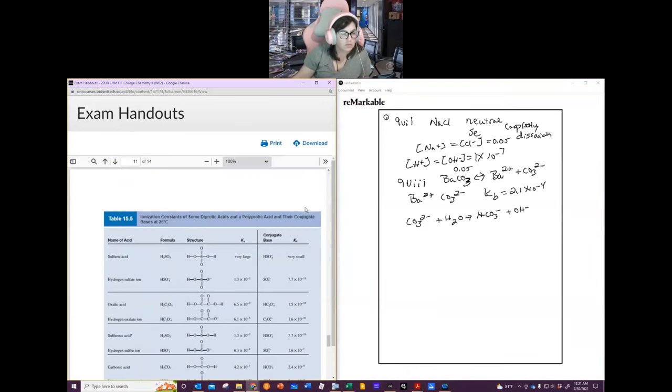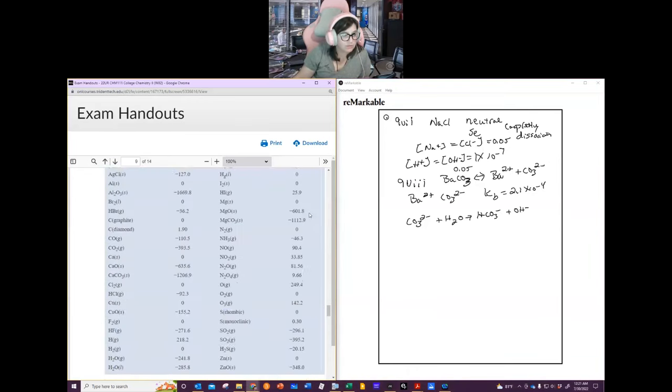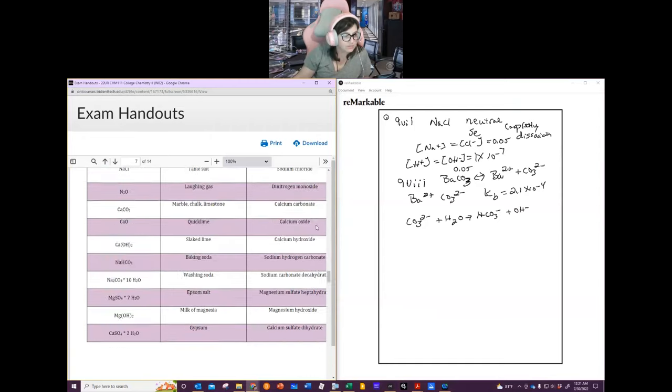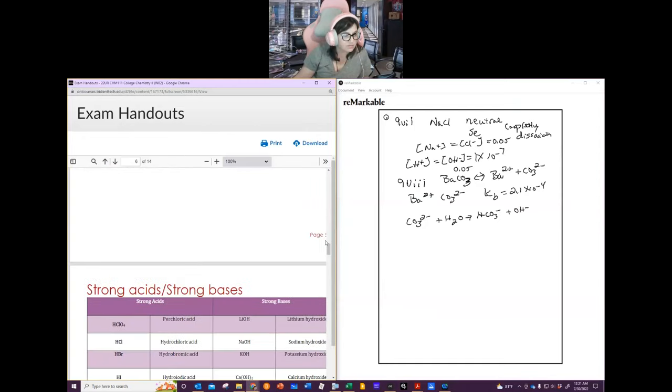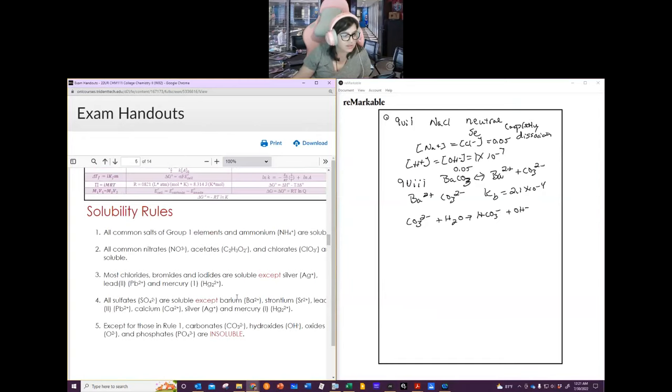When I look at my solubility rules, what it says is, except for those in rule 1, carbonates, hydroxides, oxides, and phosphates are insoluble. Oh, okay. So that means that my BaCO3 is only slightly soluble.